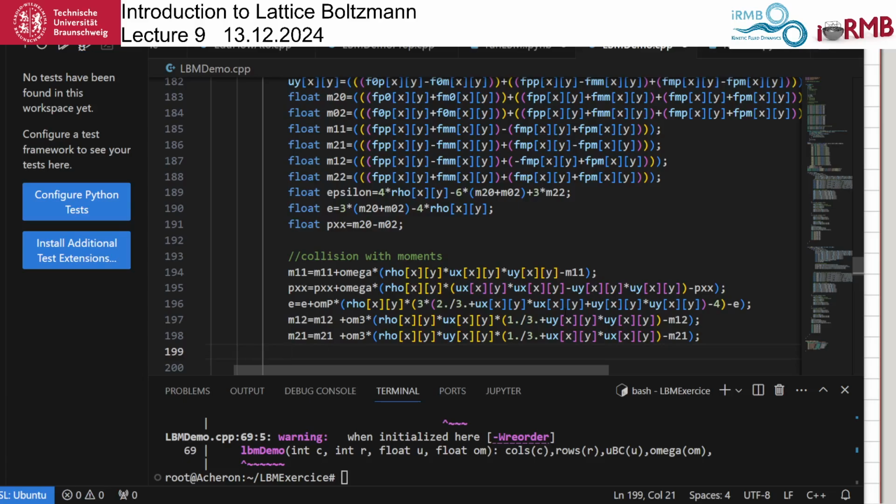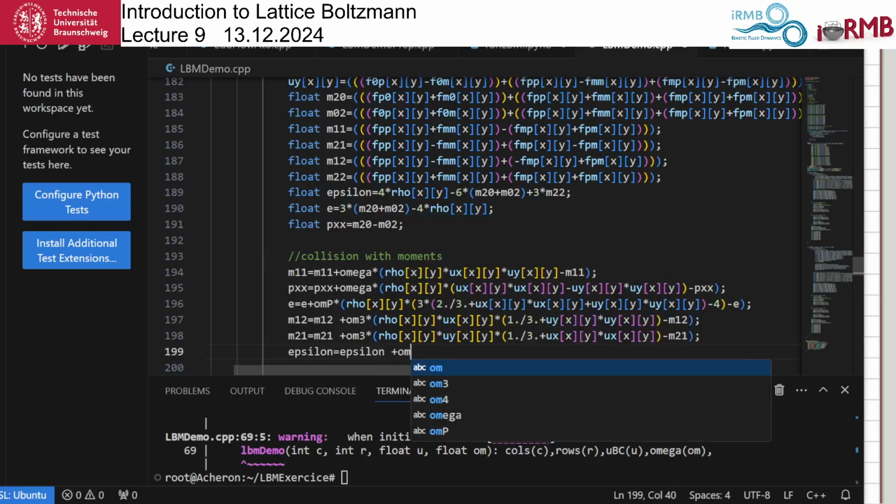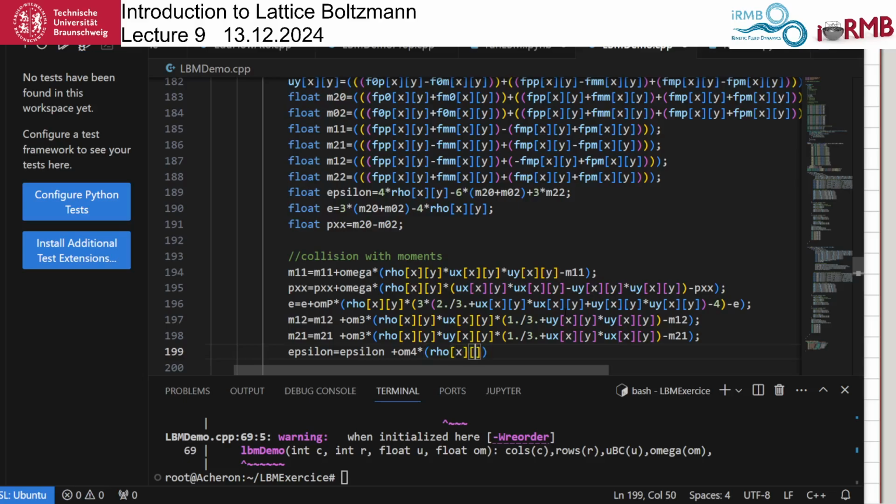So this is now ugly, epsilon. Epsilon is equal to epsilon plus omega 4 times. Oh my God. The one thing that is clear is it will always be proportional to rho.